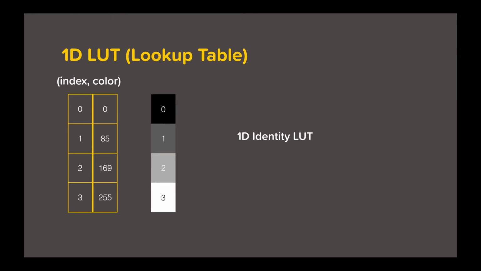This is a very simple 1D lookup table, which is essentially an identity lookup table. We have just these 4 values which we are storing. So 0 intensity maps to 0, 1 maps to 85, 2 maps to 169, and we get this output of a simple identity lookup table.